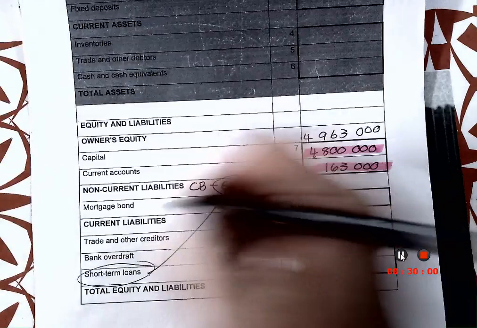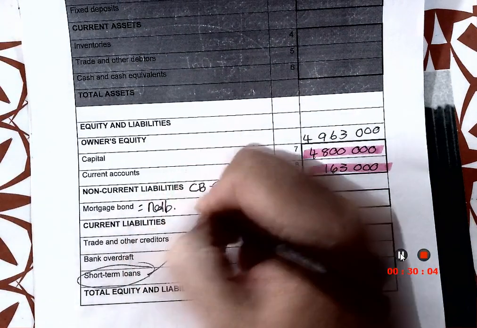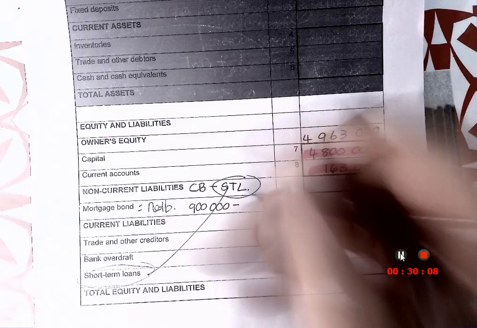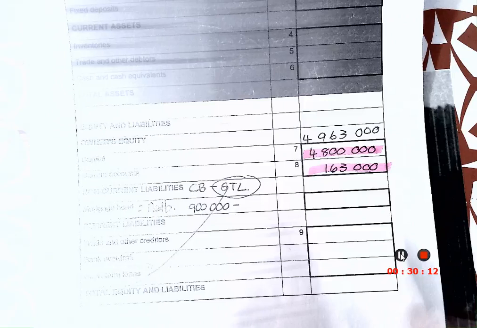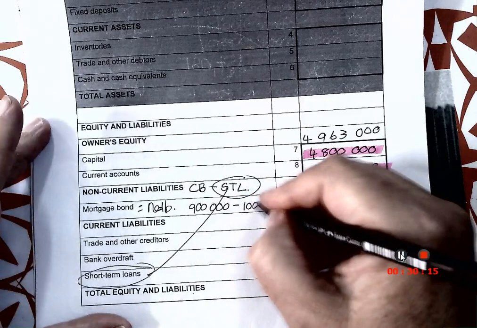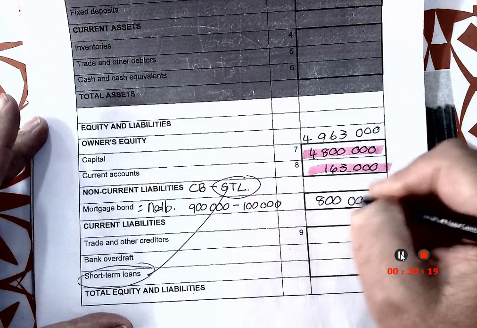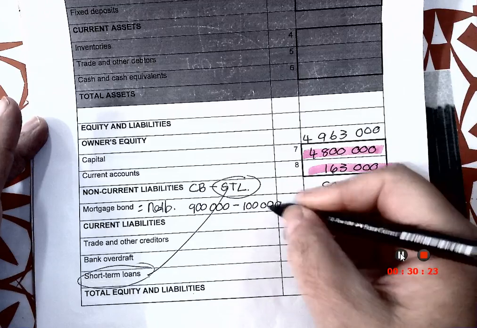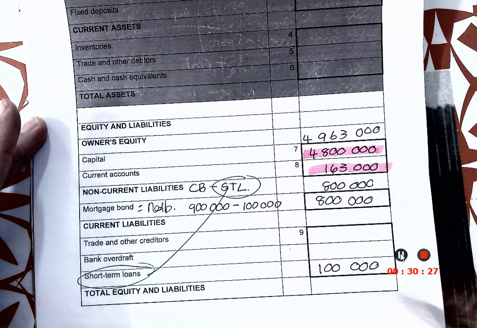This is Nedbank, ne? The closing is 900. Short term, what am I going to pay next year? And they say next year I pay 100. So I know my loan is going to be 800. Please remember to block and top. And immediately put that 100 with short-term loan. There we go. Don't forget this.